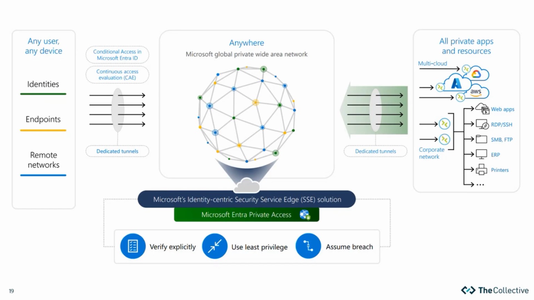These conditional access policies use continuous access evaluation to continuously check: is that user still able to access that application? If the user changes location, or maybe if the device is noncompliant, we can actually block access in real time via those signals mentioned earlier.